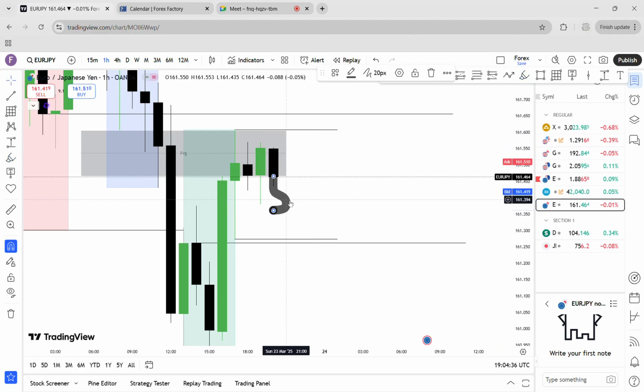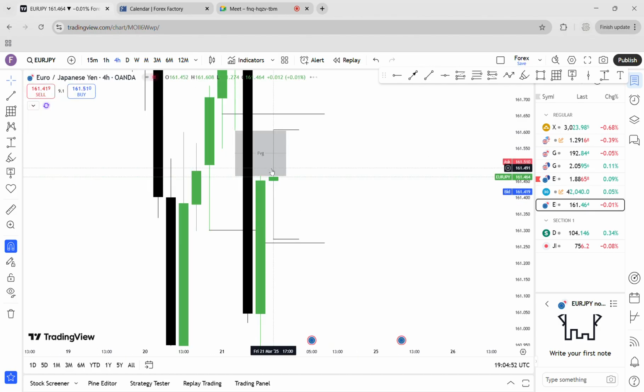Okay, so technically the black one is also an inside bar. This bar is an inside bar, of course. Yeah. But we are talking about the 4 hour, in the short candle.